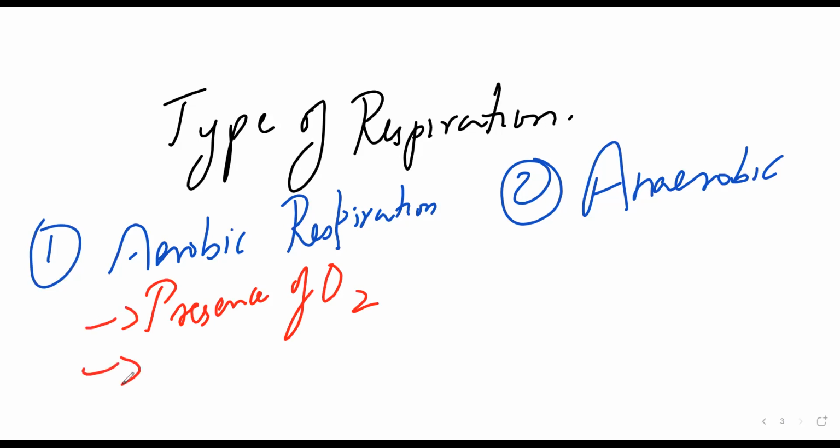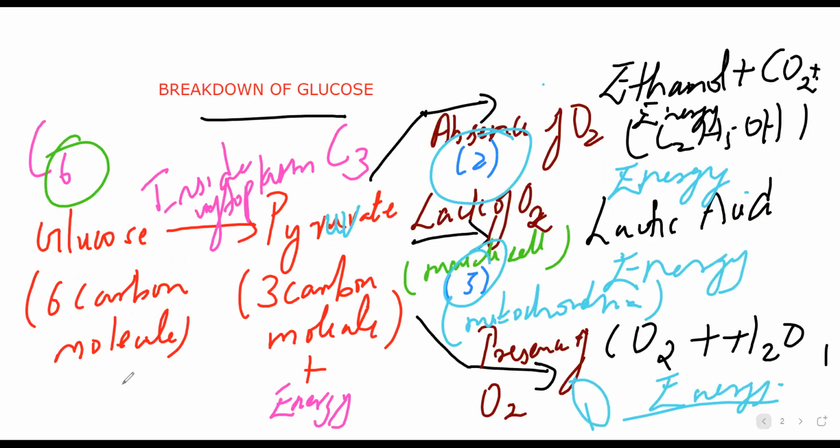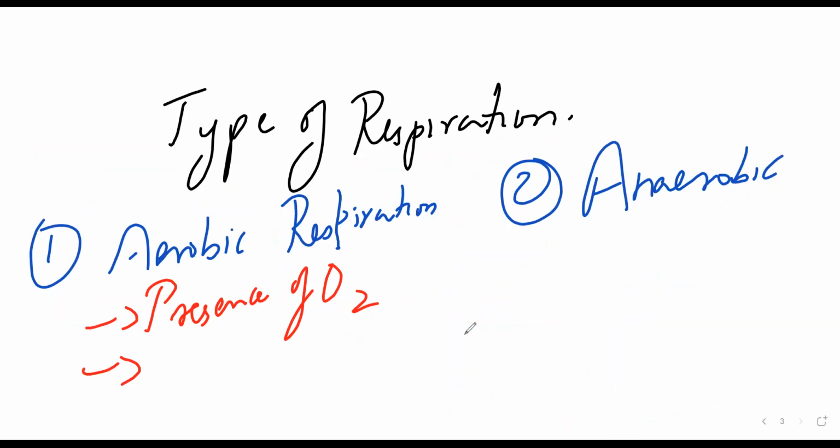Presence of oxygen, just now I told. What is the last case? Presence of oxygen. Presence of oxygen is which one? The last case, mitochondria. So this happens in mitochondria. Correct? And absence of oxygen, where it will happen? In cytoplasm. So presence of oxygen here, where it will happen?